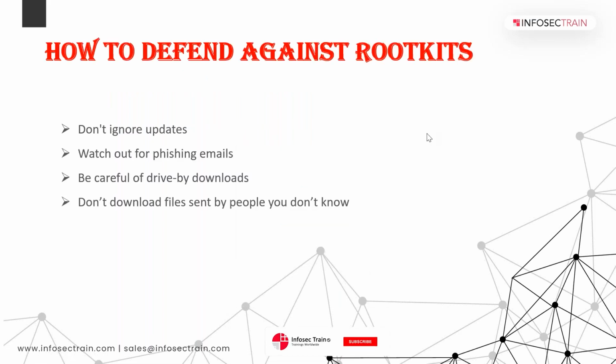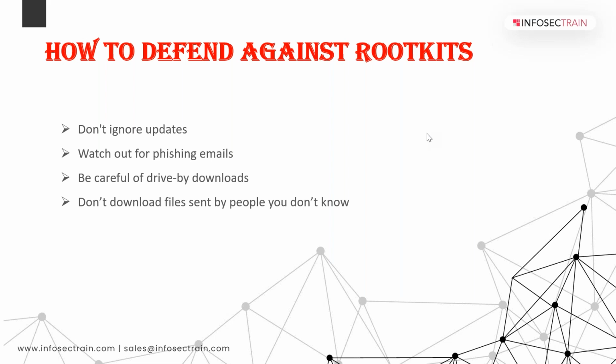Whenever you're using any software, the genuine vendors will provide updates, right? We need to update each and every software they are providing, and watch out for phishing emails. We need to look carefully at the emails we are getting, and be careful of drive-by downloads. Whenever you're downloading something, we need to be careful and download only what is genuine, and don't download files sent by people you don't know.